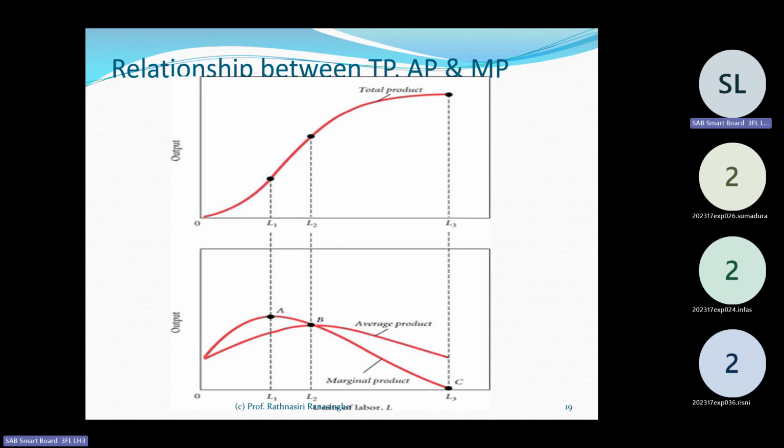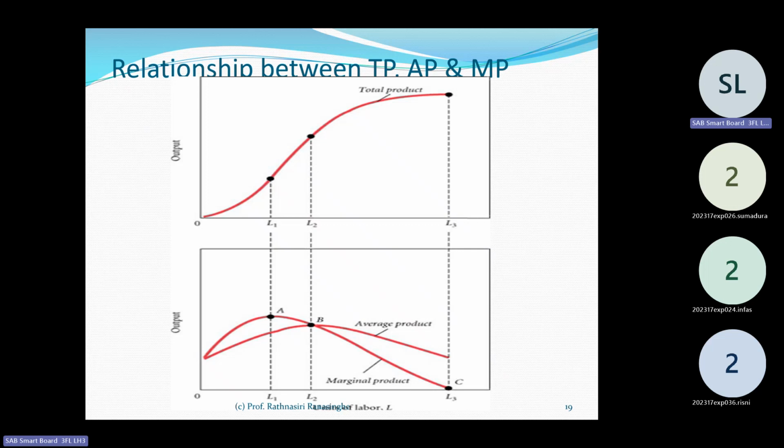Now, graphically, we explain those numerical values by plotting them in graphs. This is the total production, the output, and here the labor inputs, the variable factor, in the short run.